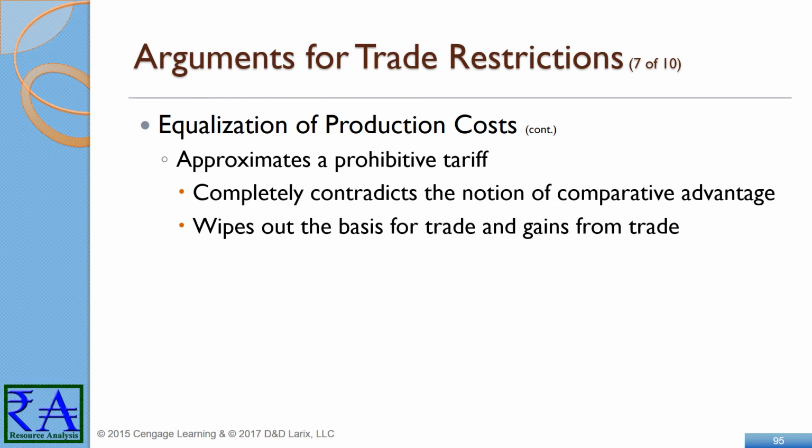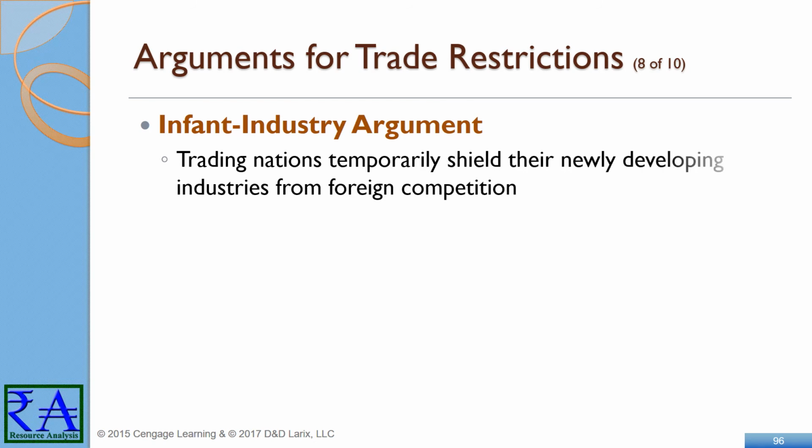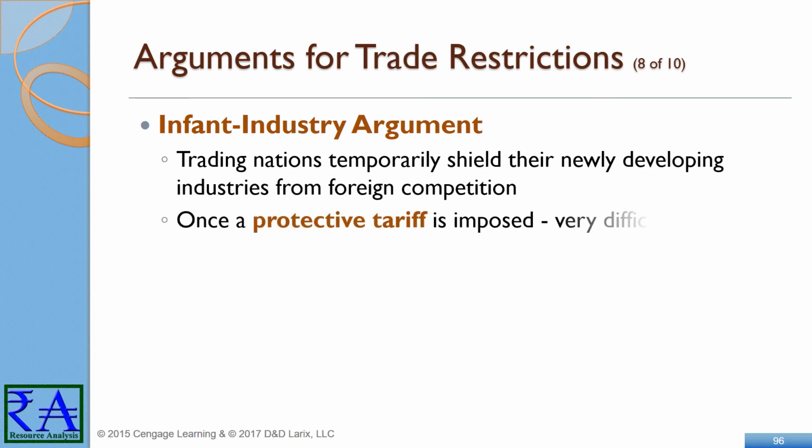Another tariff label is the Infant Industry Protective Tariff, intended to shelter a new domestic industry from international competition. A problem is that once the industry receives this protection, it often becomes reliant on it.